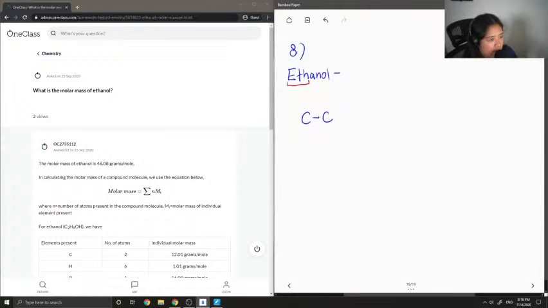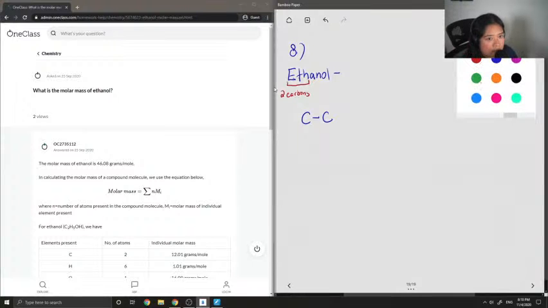So this means there are 2 carbons involved. And you'll also notice that ethanol ends in -ol, so we know that one of the carbons will contain a single alcohol group, which is just OH.